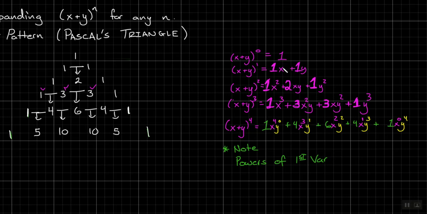As we go through, the powers of x are doing what? So not x and y, just x. 4, 3 is decreasing. Powers of first variable decrease. What do the powers of the second variable do? Increase.